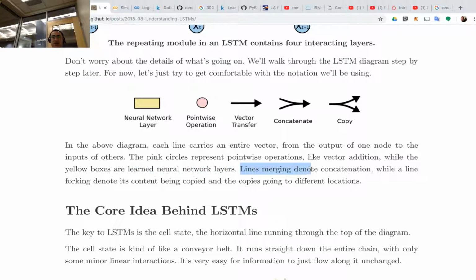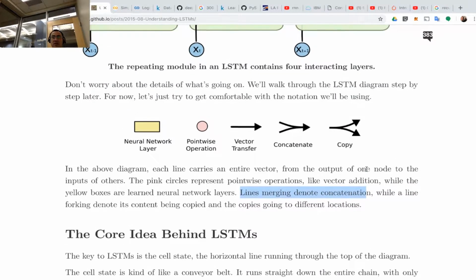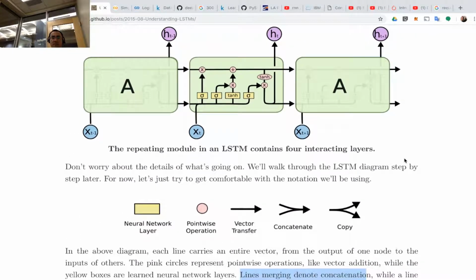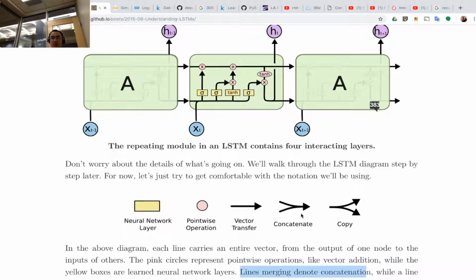Lines merging denote concatenation. So where's the merging line? Oh, this one and this one. Okay, so it's merging. What is concatenate? So you just add them up side by side. Okay, you concatenate.